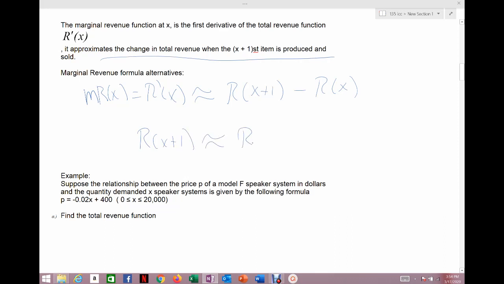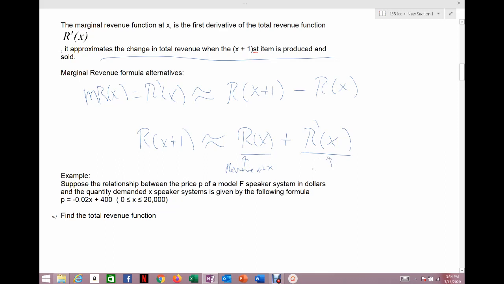Which would be, again, the revenue at their current sales, plus the approximate additional revenue when they produce one more. And so you take the original revenue, add to it the derivative. So again, this is the revenue at x, their current level.